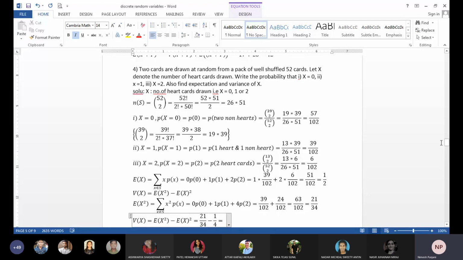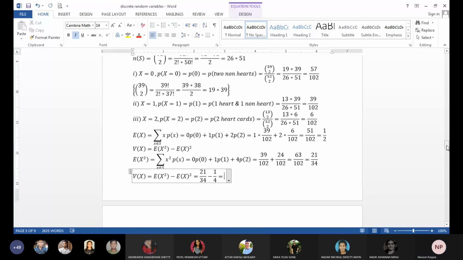Okay, e of x half है तो उसका square will give you 1 by 4. तो अभी इसको सॉल्व करो, कितना आएगा? LCM क्या आएगा? 34 और 4 का, 34 is 17 into 2, तो 68 आएगा LCM. Yes, 68 will be the LCM.